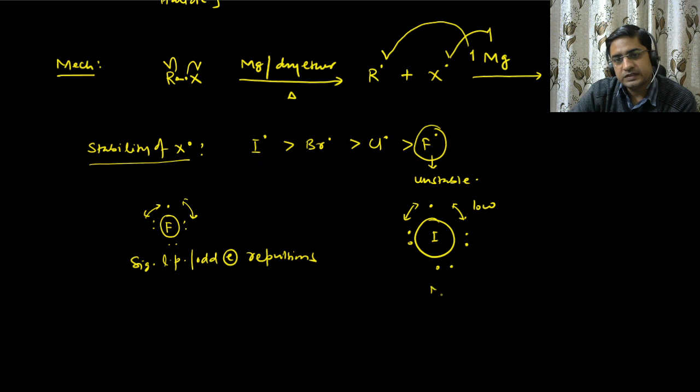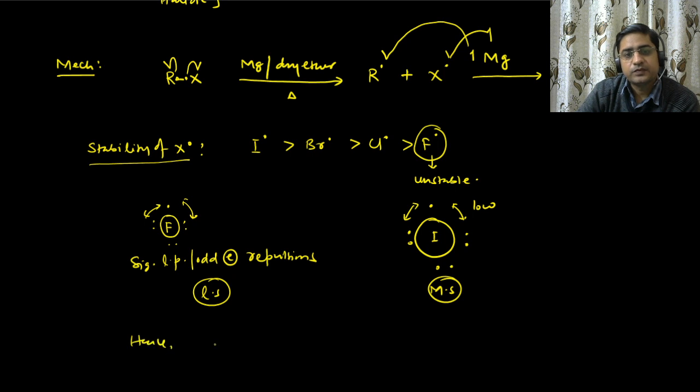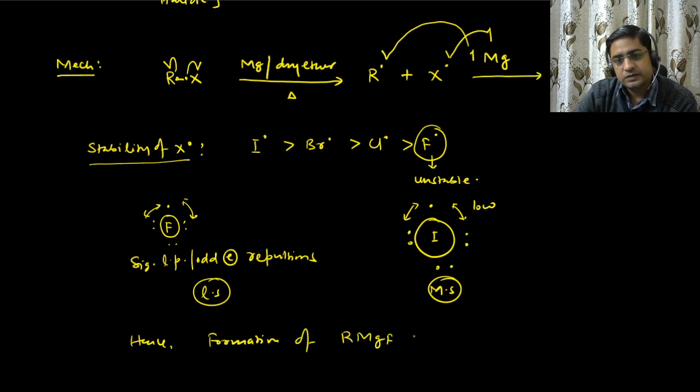So this one is relatively more stable and this one is less stable. Hence, the formation of RMgF is prohibited.